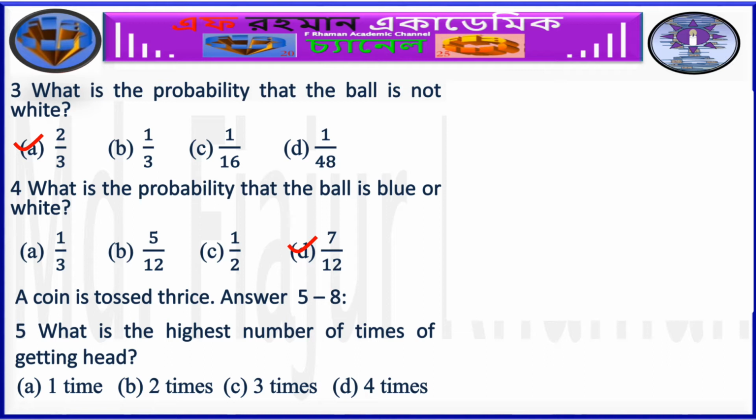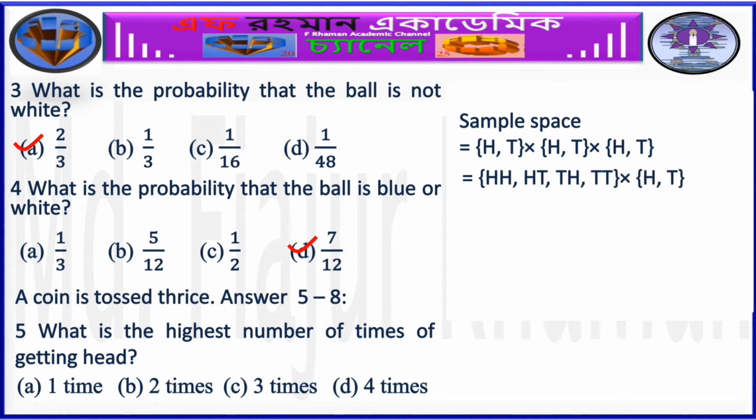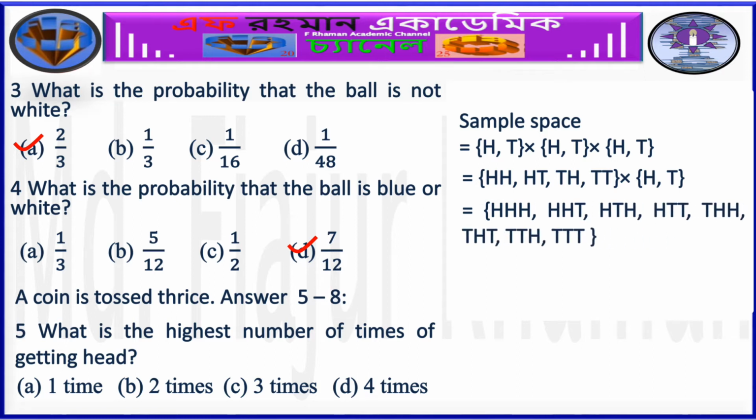If a coin is tossed thrice, then the sample space is equal to the set of HT cross the set of HT cross the set of HT, which is equal to the set of HH, HT, TH, TT cross the set of HT, which is equal to the set of HHH, HHT, HTH, HTT, THH, THT, TTH, TTT.